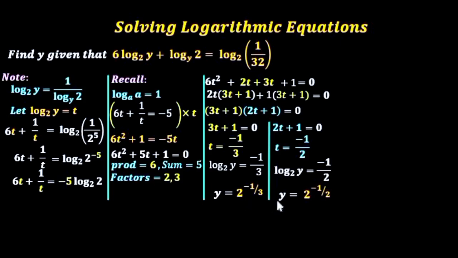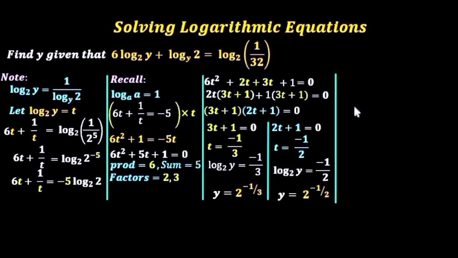Now already these are the solutions to the problem, but still we can express these solutions further in surd form. Note that considering the first solution, if we're given y is equal to 2 raised to power negative a third, the negative here implies reciprocal, so that we can express this as the reciprocal of 2, which is a half, and then the power becomes positive, so that we have positive a third.